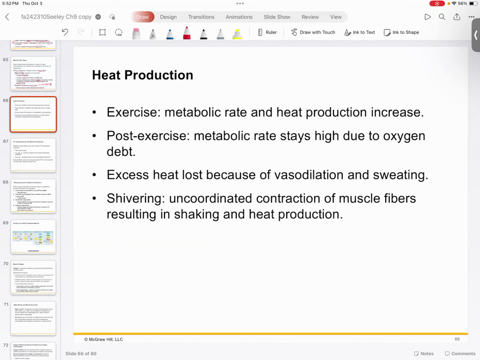Okay. Now, let's take a look at the muscle's role in heat production. So when you exercise, we all know this, we get hot, right? So our metabolic rate and our heat production increase massively. If you're actively working out and you're actively athletic, you'll notice that your appetite gets very big.